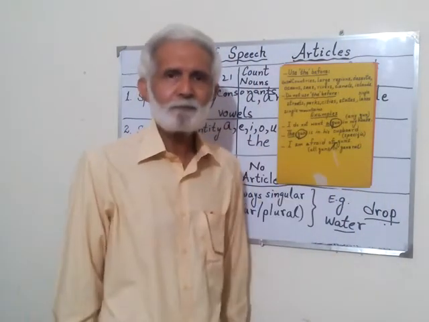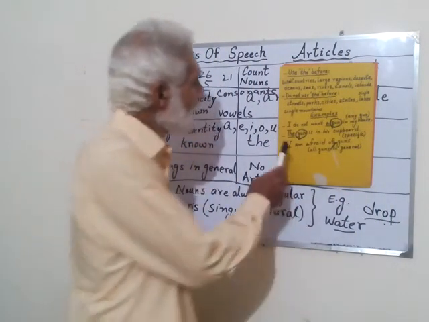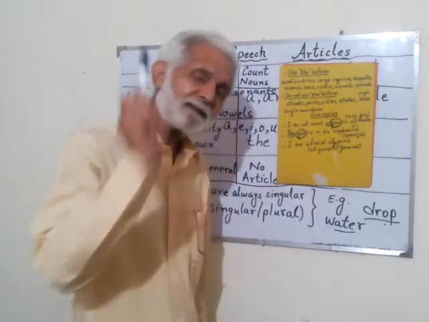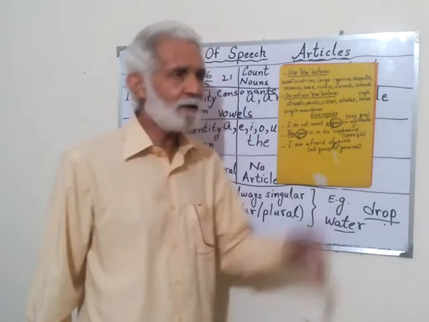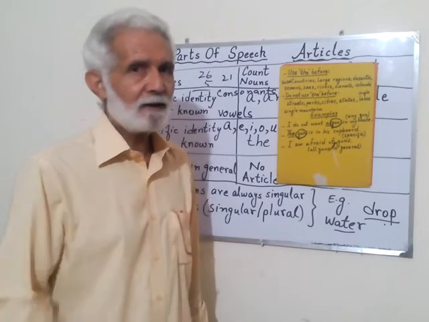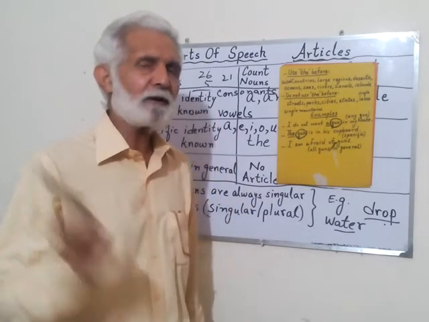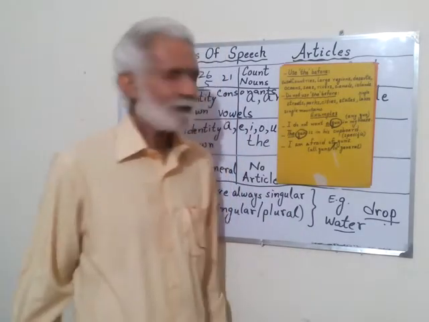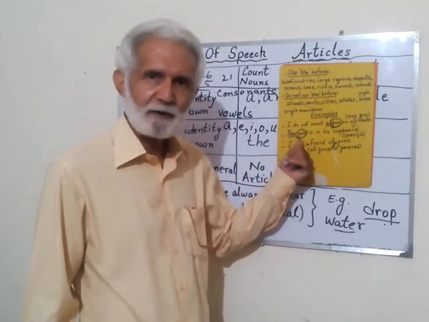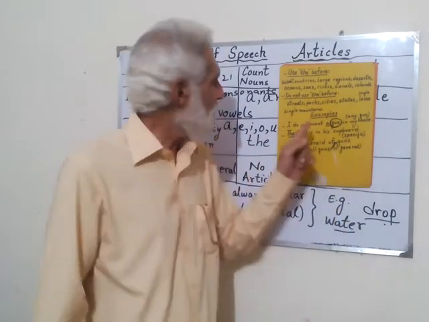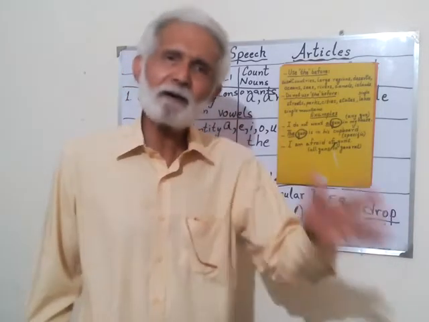So a gun, not specific. Then the gun is in his cupboard. Police came and asked, where is the gun? The gun is in his cupboard, because we are looking for a specific noun. Here the noun is specific.